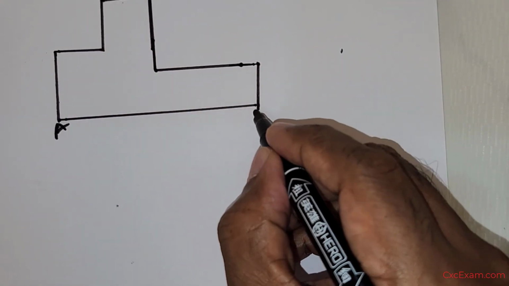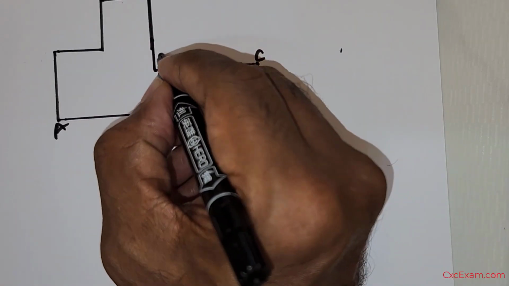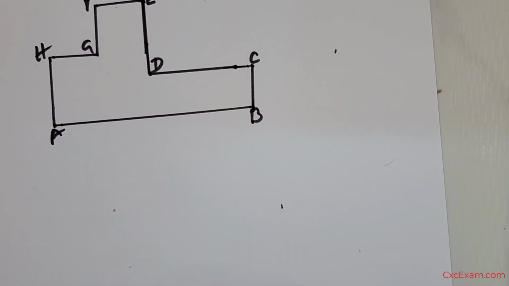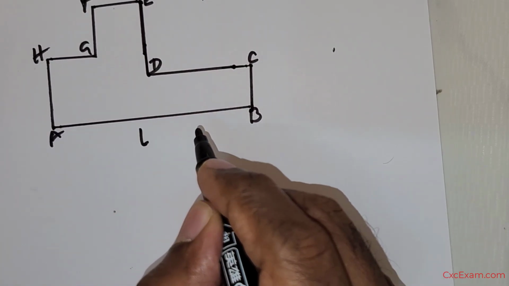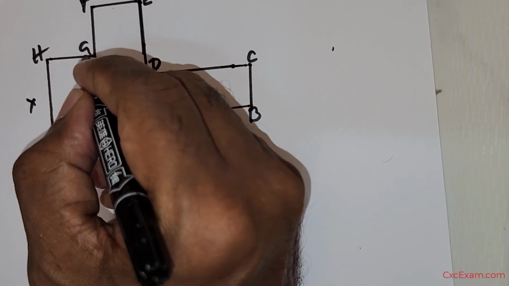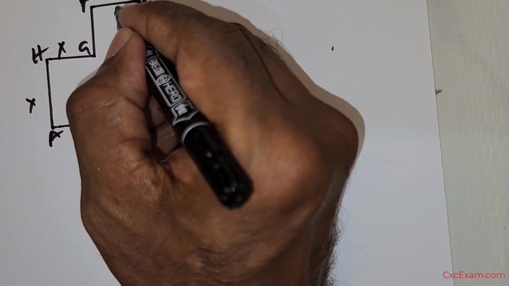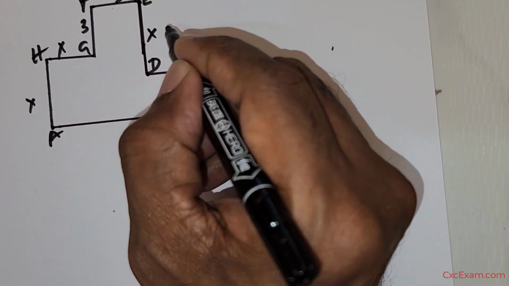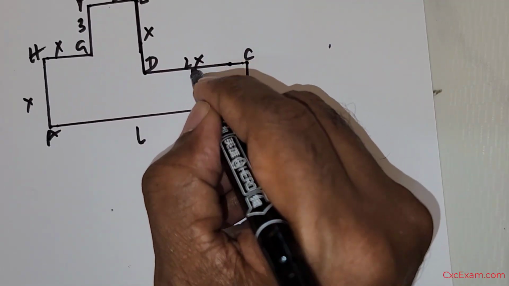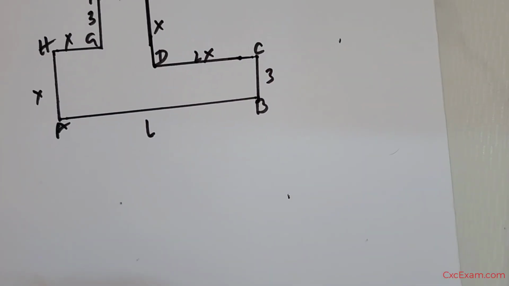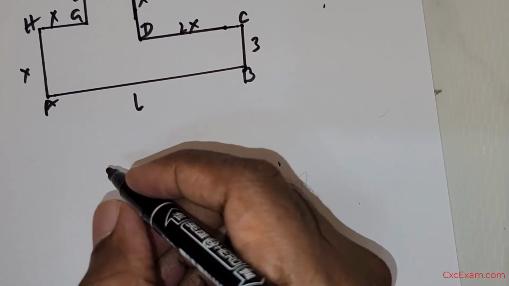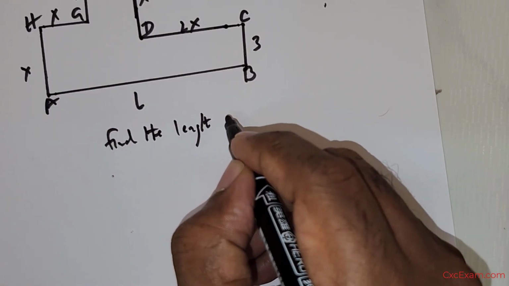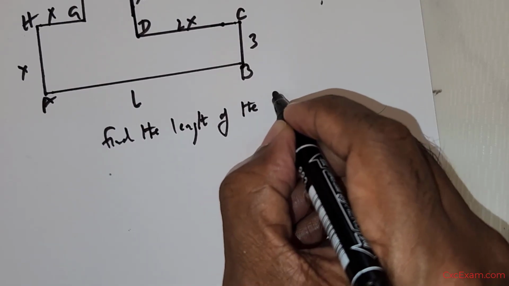So A, B, C, D, E, F, G, H, and this distance is L. We are given this as X, this as X, this as 3 units, this is 5 units, this is X, and this is 2X, and this is 3. Now we are asked to find the length of the floor.